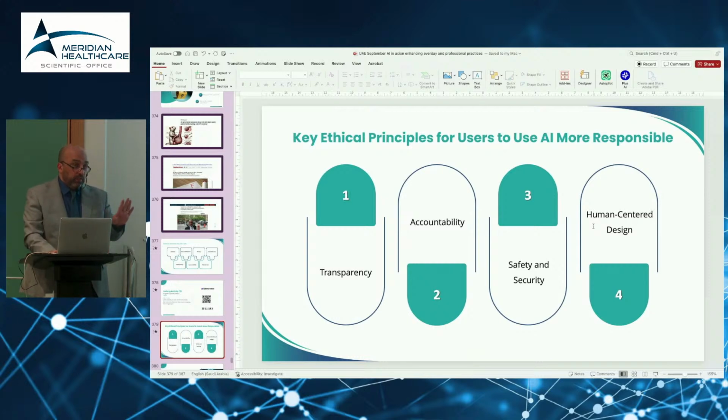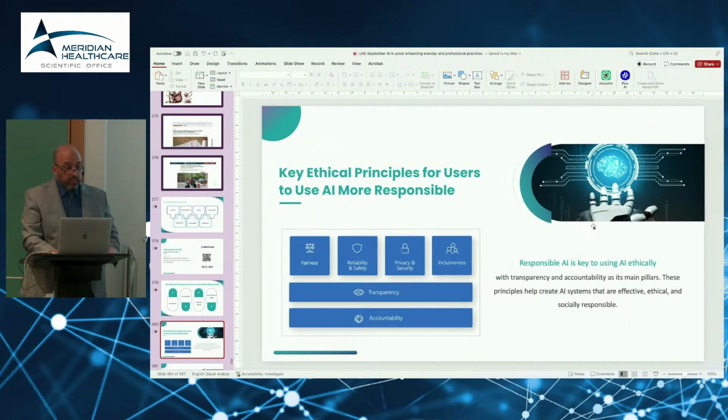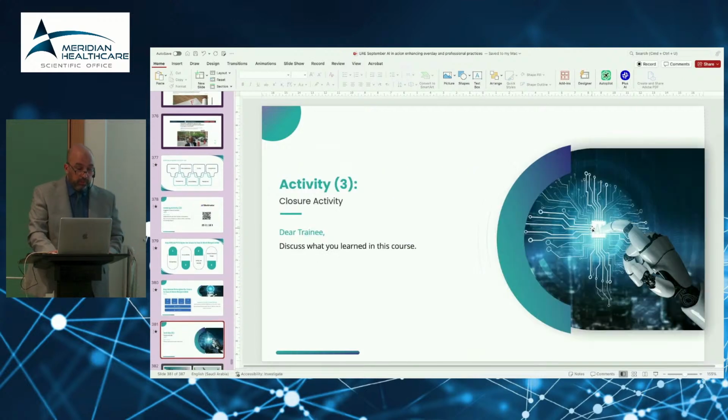In X-ray or MRI, by the end you need to review what comes from it. So this is some of the considerations of the code of ethics for using it. This is to ensure fairness, reliability, safety, privacy, security, inclusiveness, transparency, and accountability.